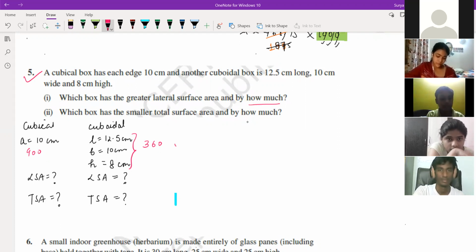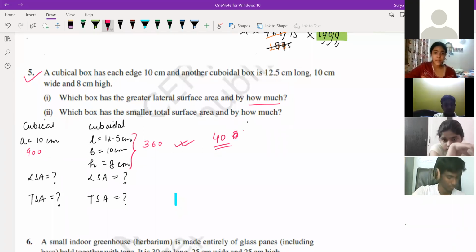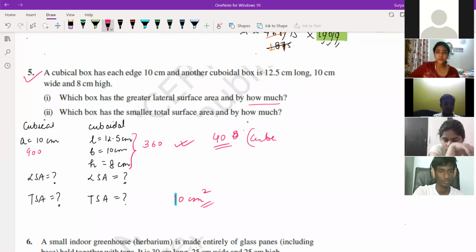By how much is this greater? For the first it is 40, and for the second it is 10 centimeters square. For the first, the cube is bigger, and for the second, the cuboidal is bigger.